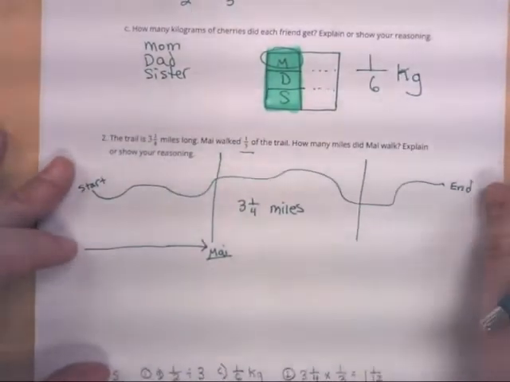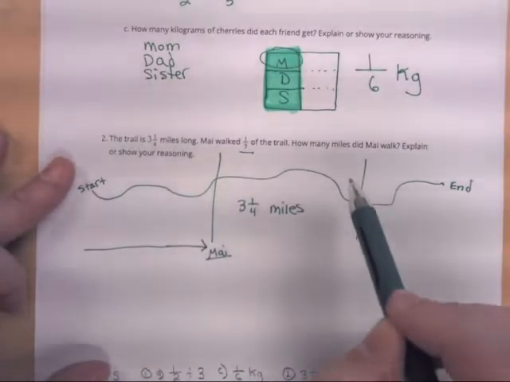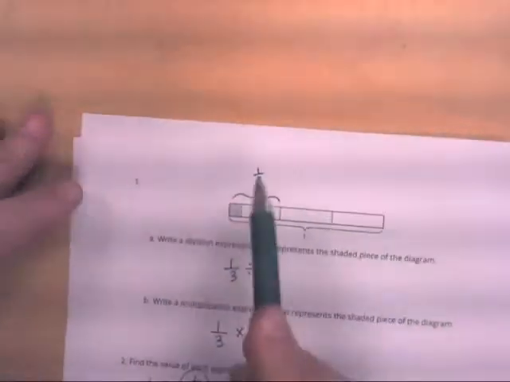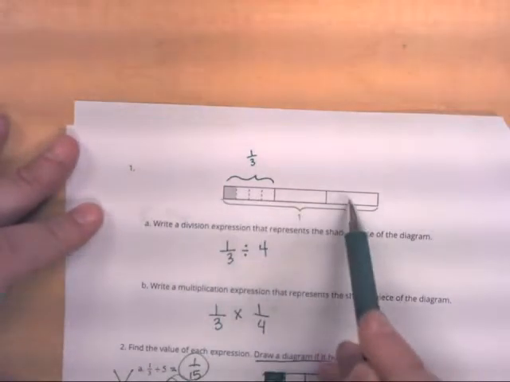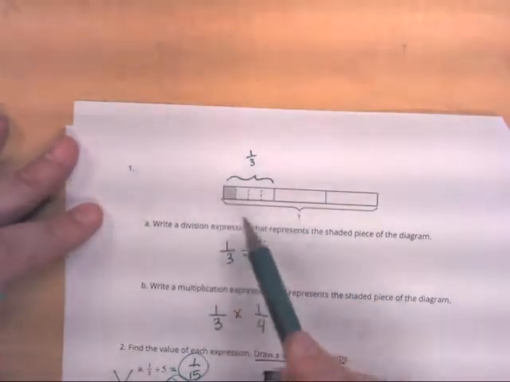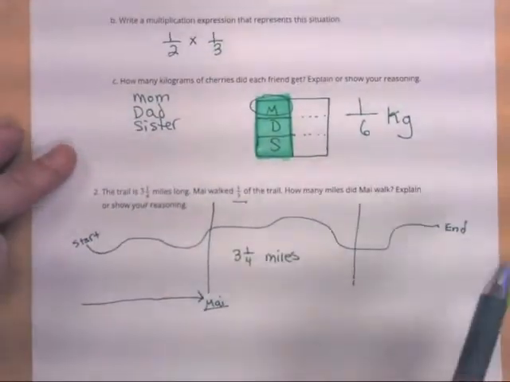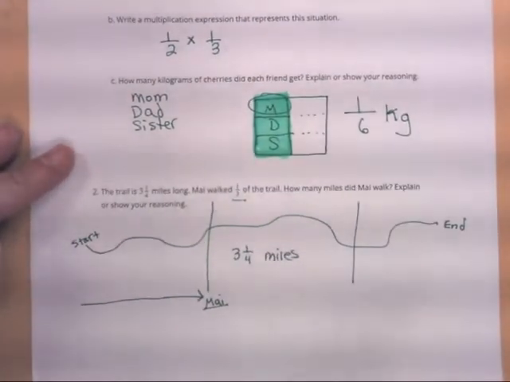So if we think about this kind of diagram right here in relationship to, say, the diagram that we looked at here, we could think about this using multiplication, and we can think about this diagram using multiplication as well.